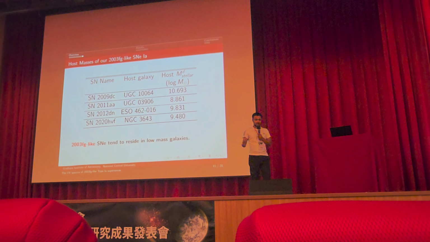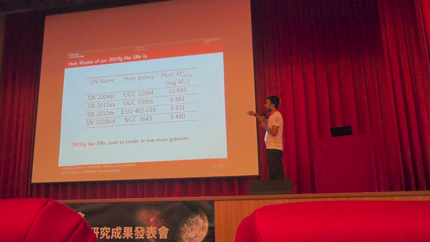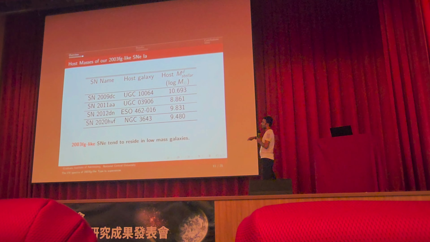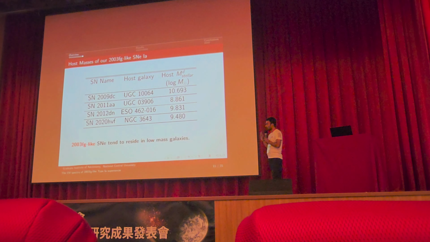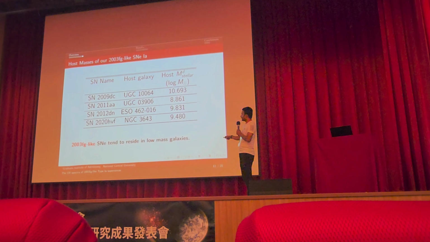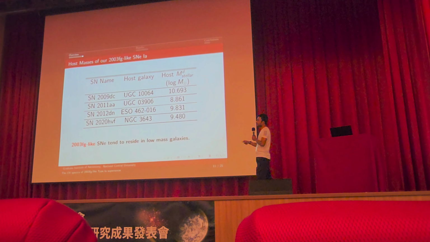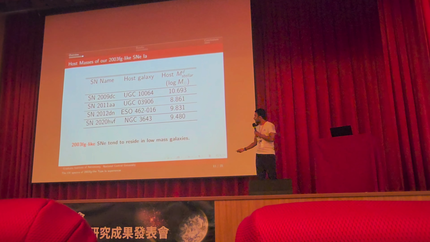So just now I showed the slide where we found that the normal Type Ia tend to have higher flux if they are in low-mass galaxies. So the idea here is to test if 03fg-like objects also reside in low-mass galaxies. Can this be the cause for the UV excess? Can this be the cause that they are UV bright?